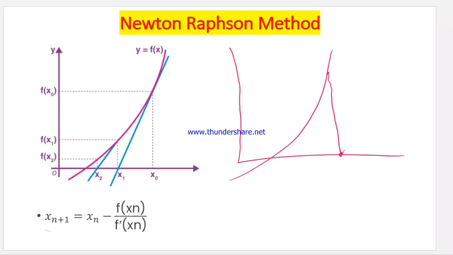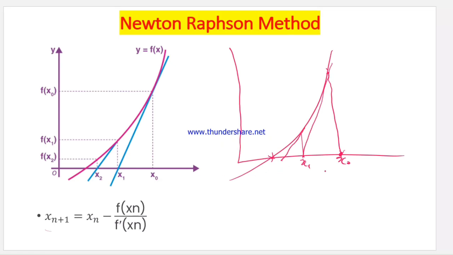It traces the initial guess to the function curve and draws a tangent. It uses where that tangent crosses the x-axis to find the next point. So this one will be our x0, this one will be x1. Once it tests that it doesn't satisfy again, it will trace it back to the curve and draw the tangent again.